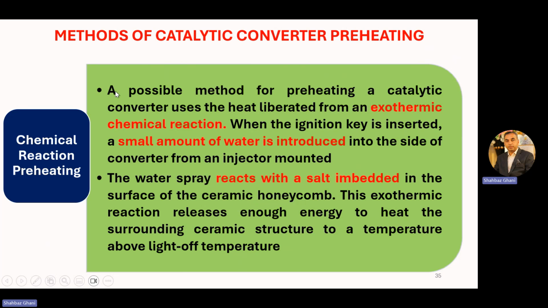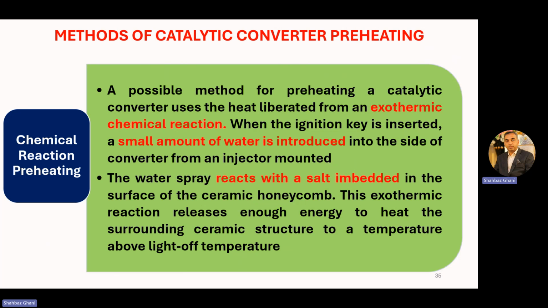So a possible method for preheating a catalytic converter uses the heat liberated from an exothermic chemical reaction. When the ignition key is inserted, a small amount of water is introduced into the sides of the converter from an injector mounted. So we have placed some injector there on the converter.